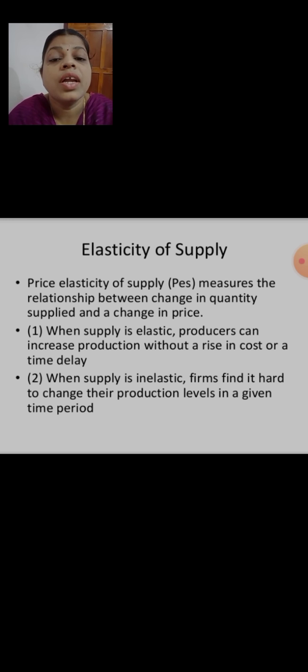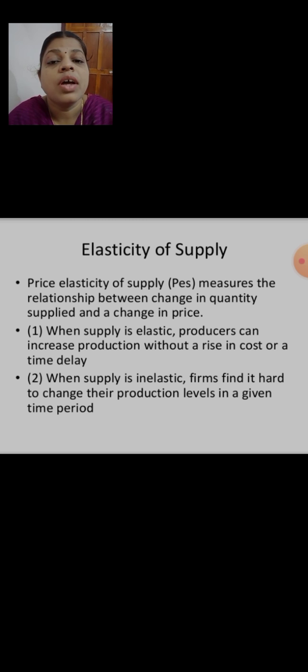The supply entirely depends upon the prices of those commodities. And let me tell you, there is a positive relationship between the quantity supplied and the price. If the price is more, the suppliers are willing to supply the commodities in the market.